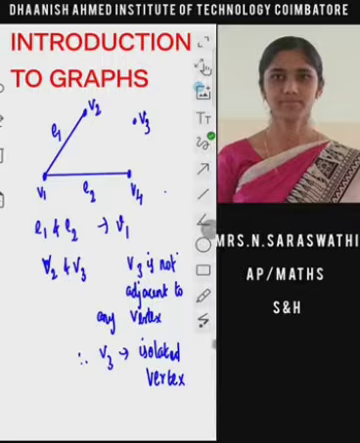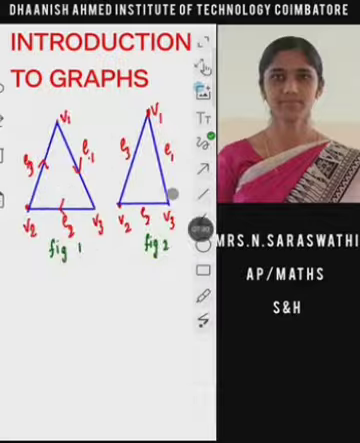Okay, clear? Next, we understand what is directed and undirected graph. A graph in which every edge is directed is called a directed graph. It is simply known as digraph. A graph in which every edge is undirected is called an undirected graph.